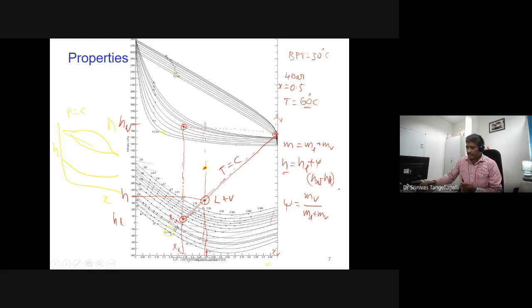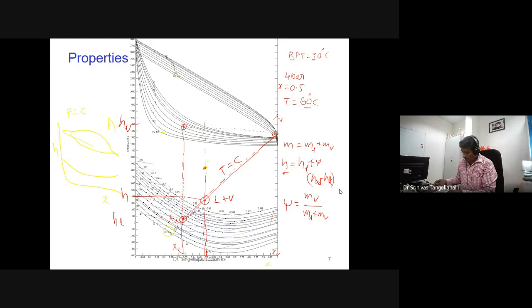I've replaced phi by MV by ML plus MV. That's equal to HL plus MV by ML plus MV into HV minus HL. What is ML plus MV? That is M, the total mass.